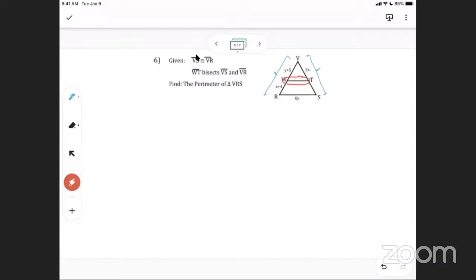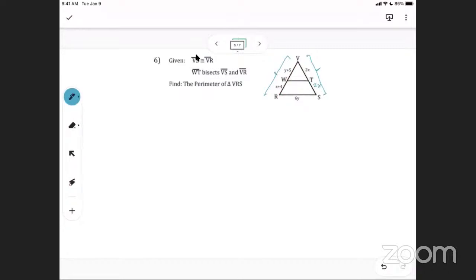That's called the mid-segment theorem. This line right here is half of this line, so this line is 3y. But they wanted the perimeter of VRS, so that didn't really matter. I do know that this is also 2x right here. So I can just find x and y. How do I find x and y?